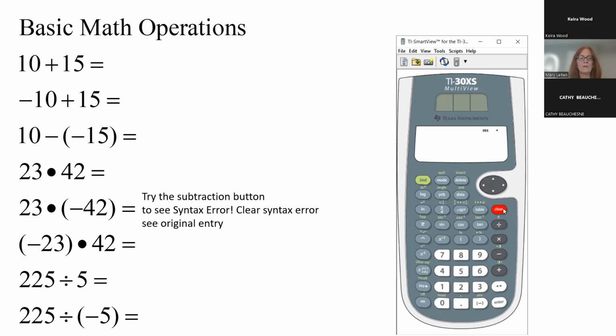I'm going to clear that screen. 23 times, and I'll put the parentheses in, and instead of the negative sign, I'm going to use this minus sign, minus 42, and it gives us syntax error, and all that means is you did something wrong, something the calculator did not like.